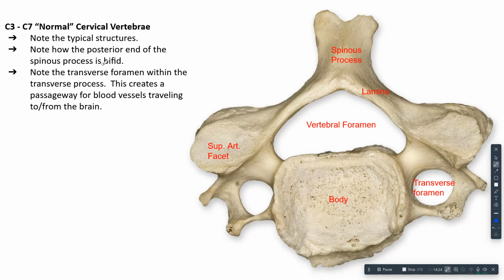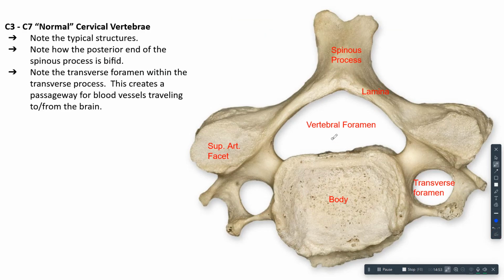And the word for split into 2 is what bifid means. And this just lets muscles grab on to both sides with a little bit better attachment by having 2 sticky out pieces here. And my neck is really mobile, so I want that good attachment of muscles on both sides.